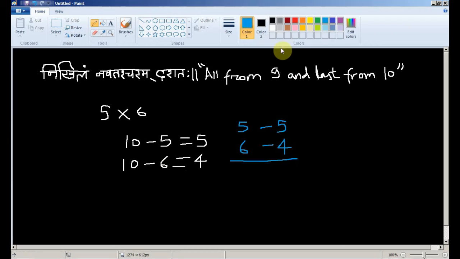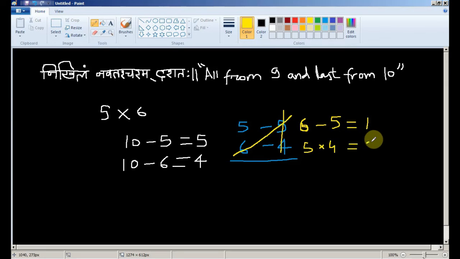First let us look at the first digit. I'm going to use 6 minus 5. This is cross subtraction, and I'll get 1, and then I do the multiplication. 5 into 4 results in 20.